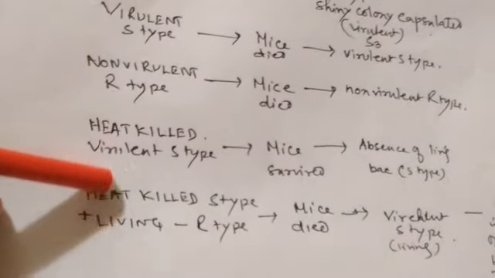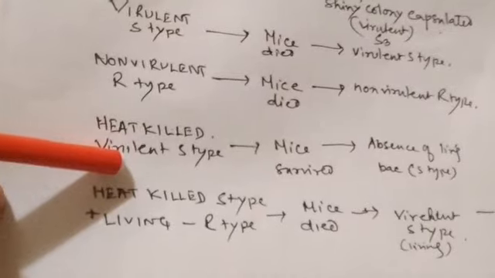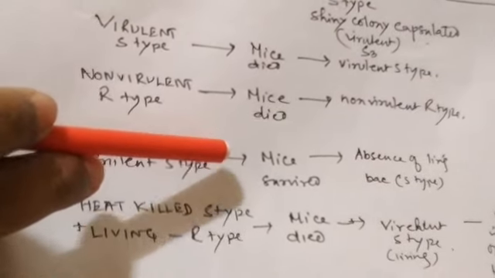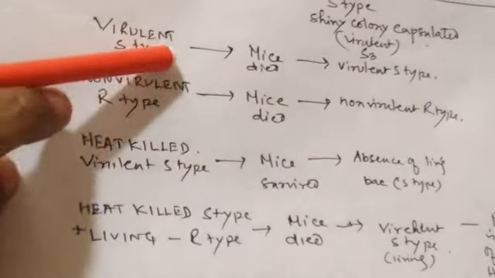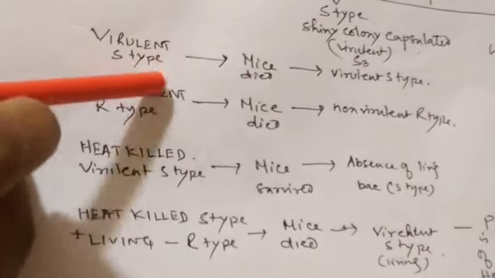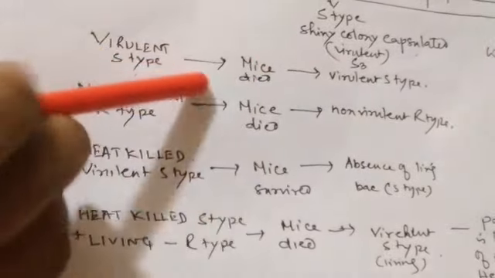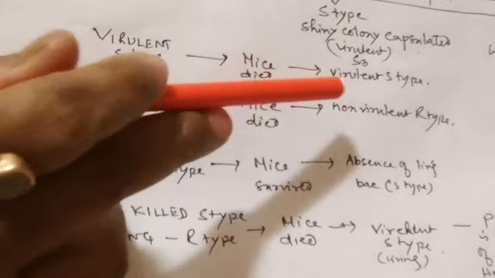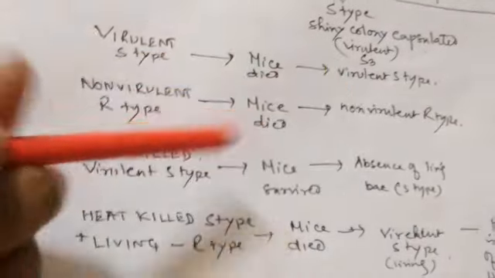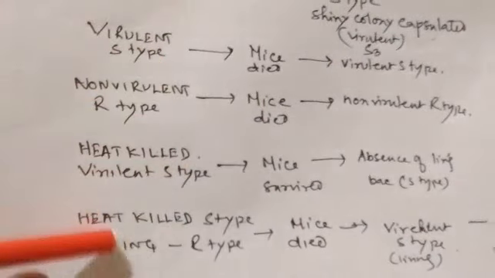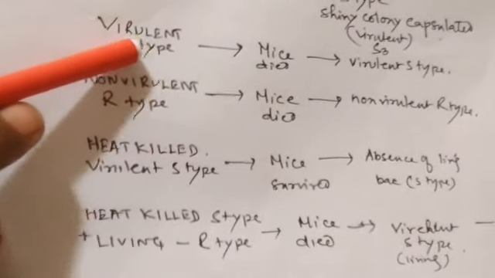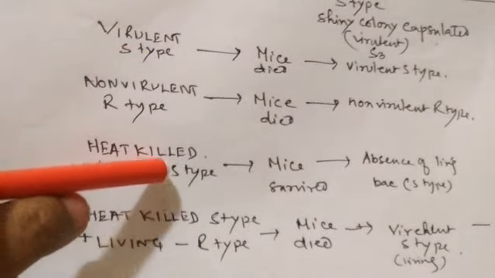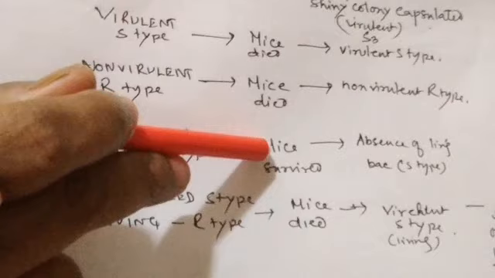Next he took heat-killed smooth and injected it into the mouse. Earlier we saw that smooth is a virulent strain, because when living smooth was given, the mice died. Then he killed the smooth bacteria with heat and injected it into mice.